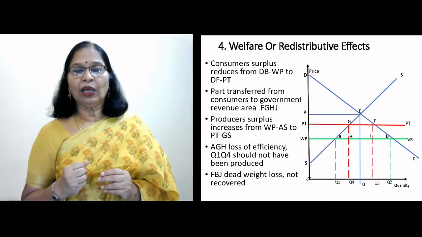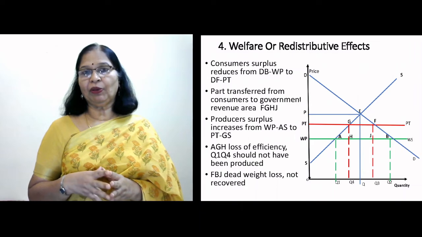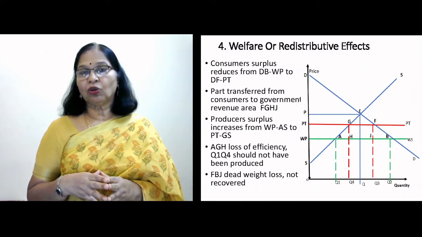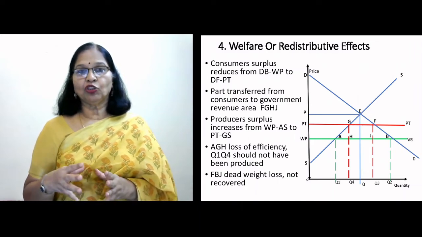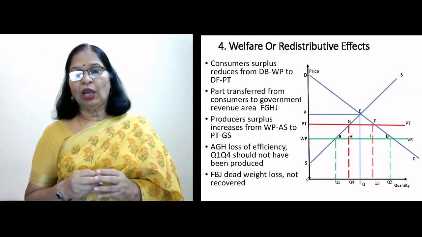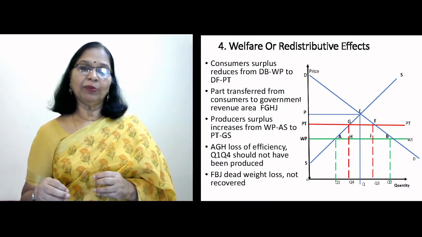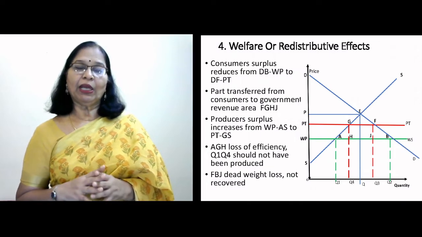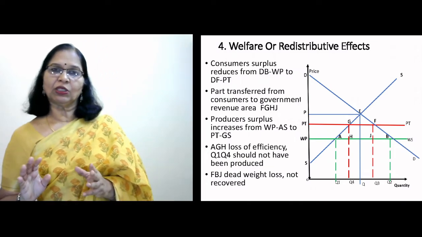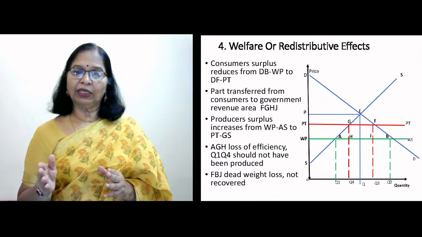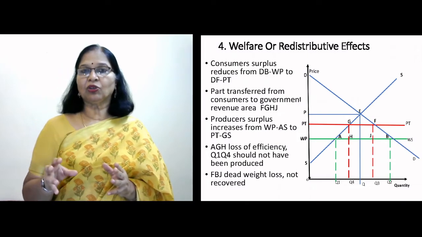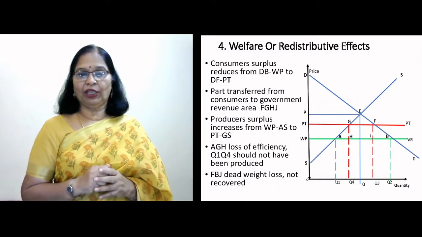Then we also have another loss that the economy will make, which is called a deadweight loss. The consumer surplus is lost and we lose FJB. This FJB we will never be able to recover. The consumers have lost it because they're not going to operate at that position at all. So that is called the deadweight loss of the economy.